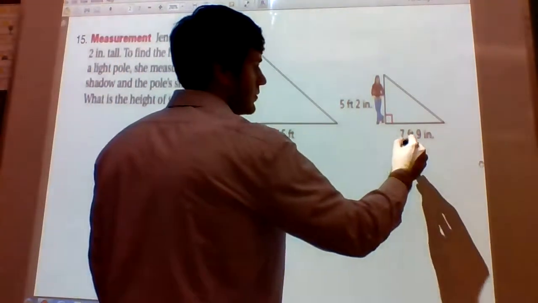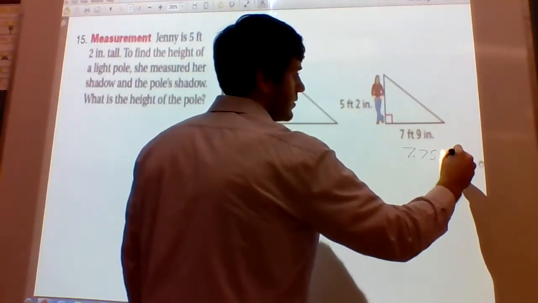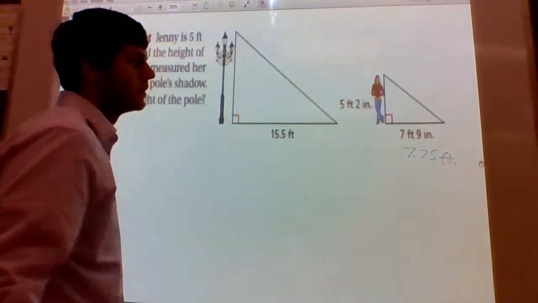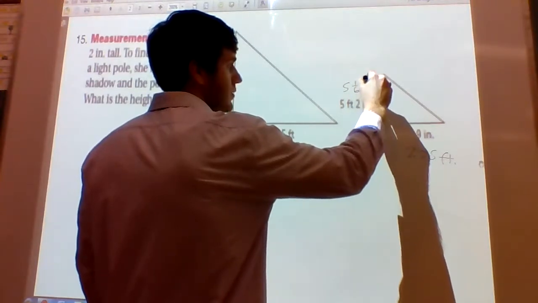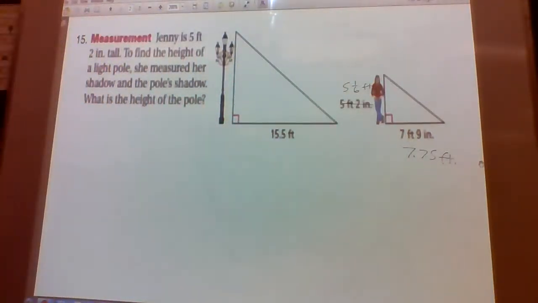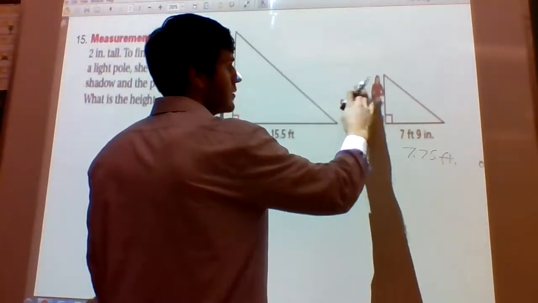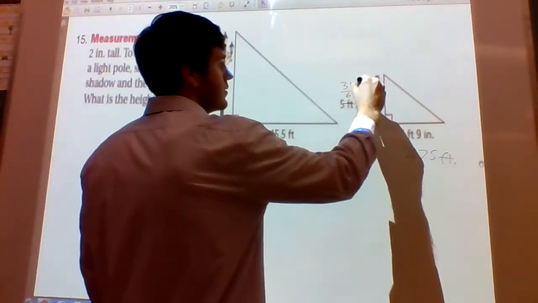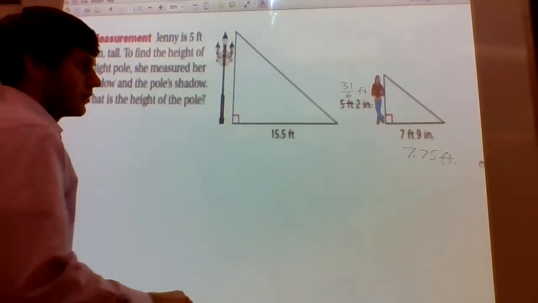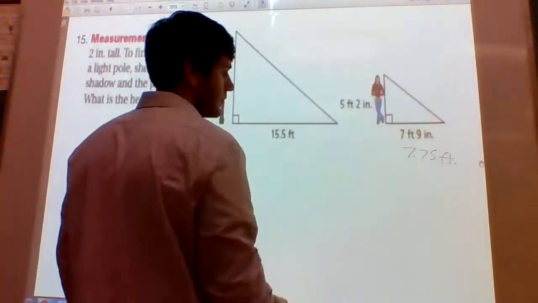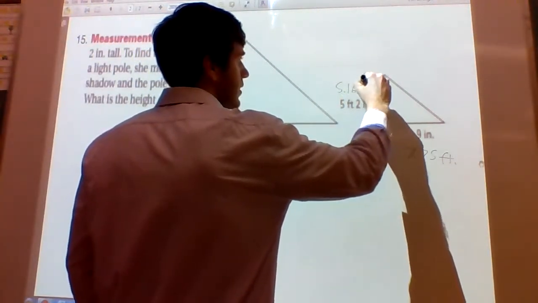So this is 5 1/6 feet, which is 31/6 feet, or 5.1667 feet.